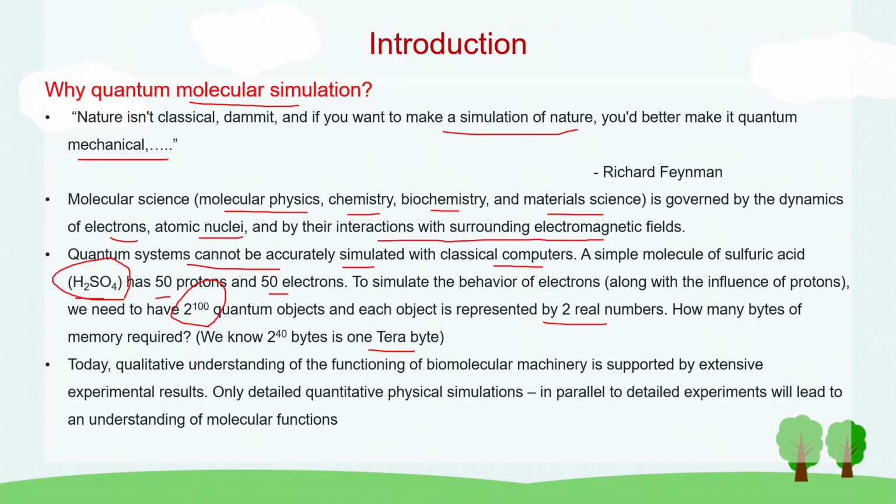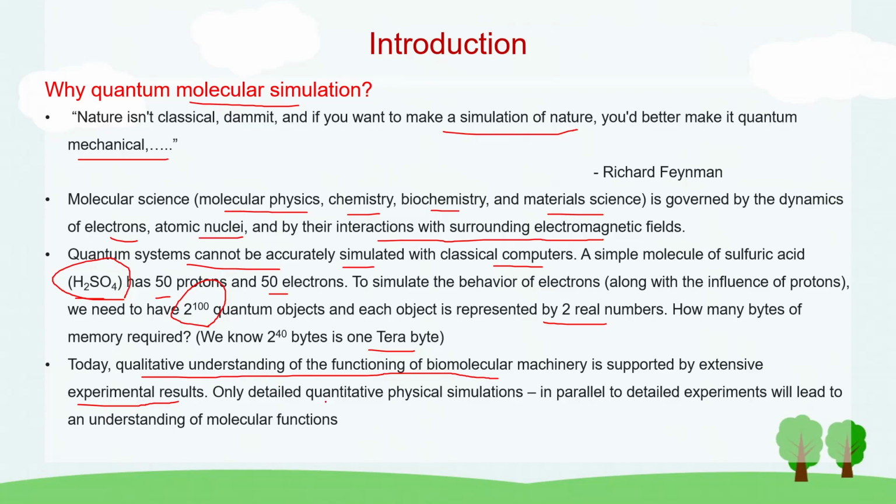So currently, qualitative understanding of the functioning of biomolecular machinery is supported by extensive experimental results. Scientists are doing a lot of experiments because they just can't do the complete simulation. They get some input, but finally they need to do a lot of experiments.